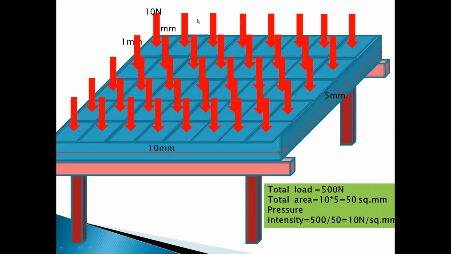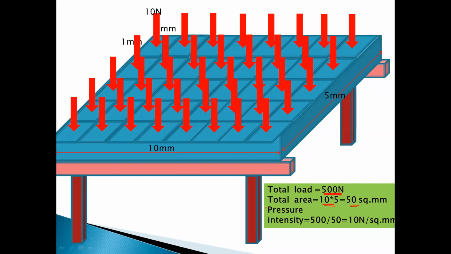Here we are considering a very small element, because of the 1 by 1 area. In the 1 by 1 area we get a weight of 10 newton. If you consider the complete floor, the complete area of 10 by 5, the total weight will be 500 newton, and the total area is 10 into 5, so it is 50 square millimeter.